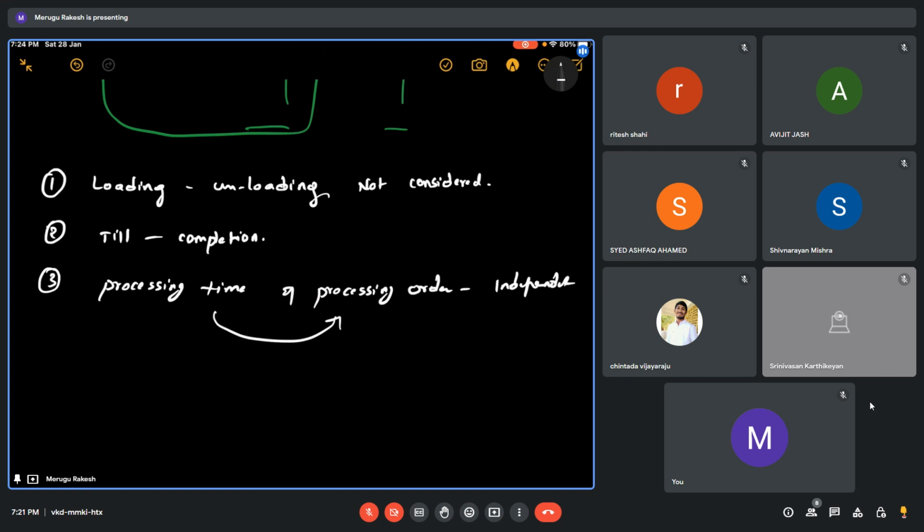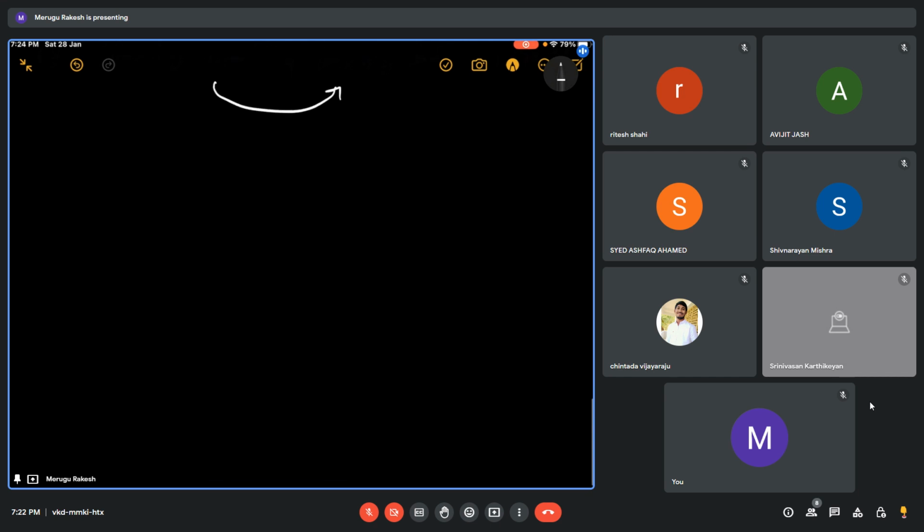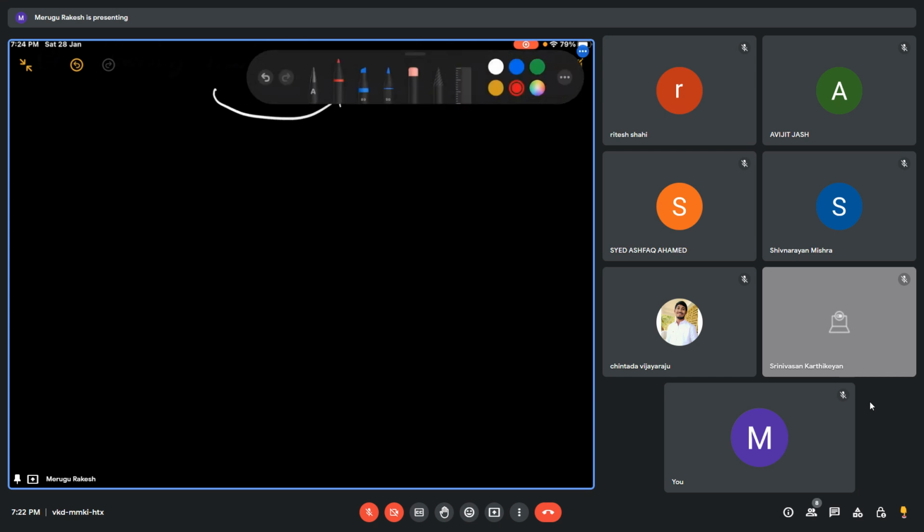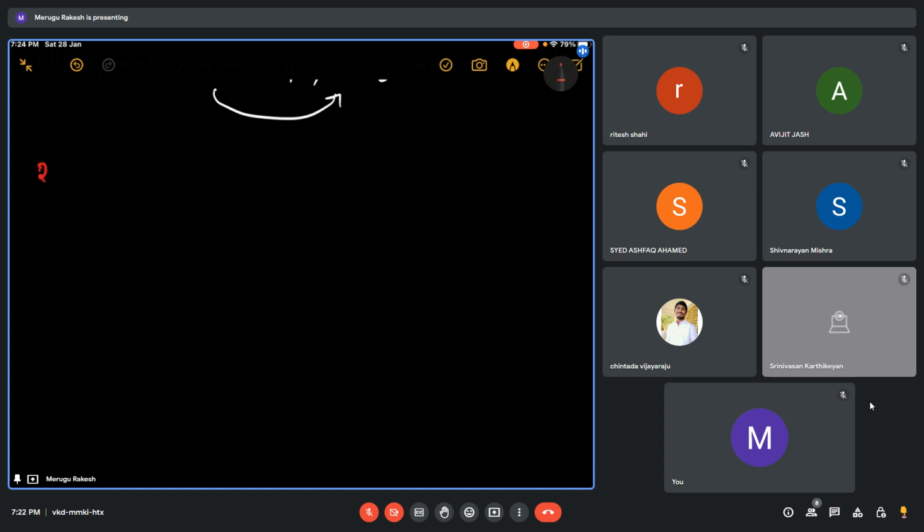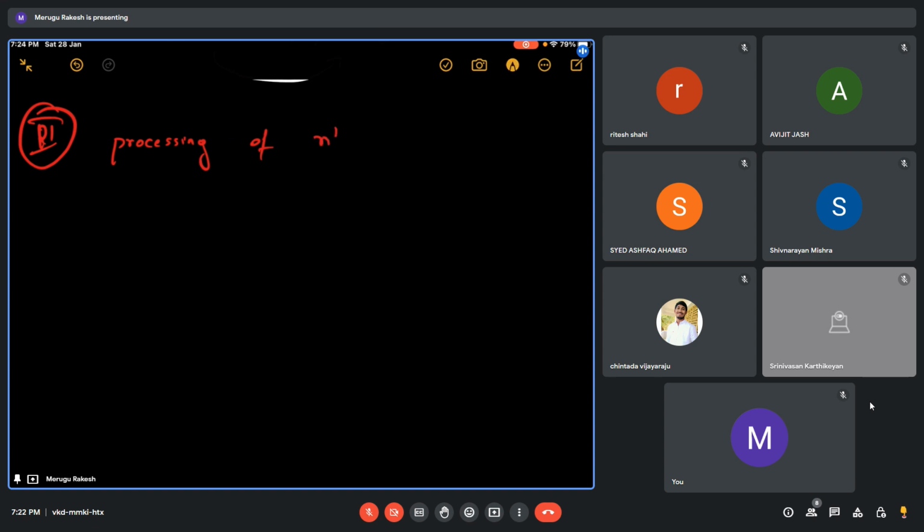So these are some of the assumptions that we use for making these type of decisions. Let us see the next model of a similar kind. The second model will be the same processing of n jobs in 3 machines.